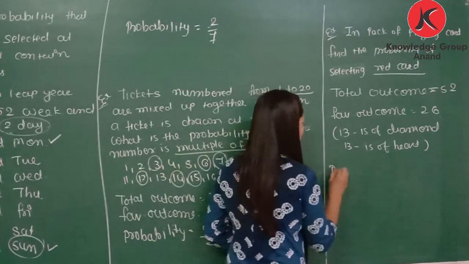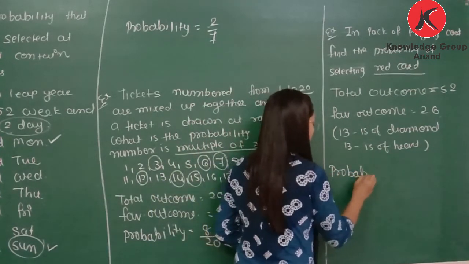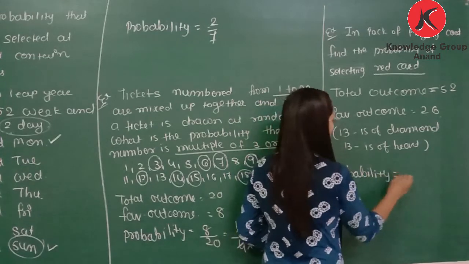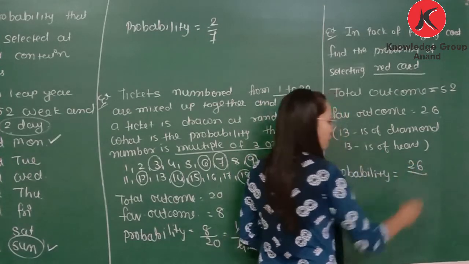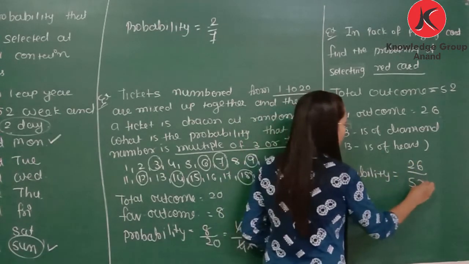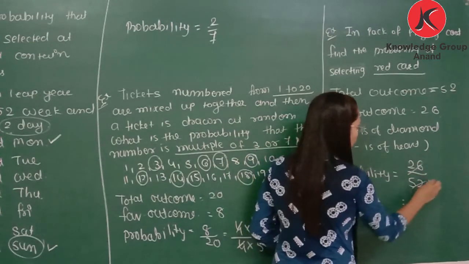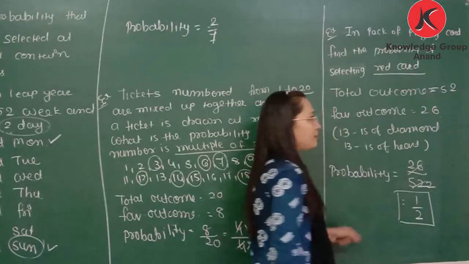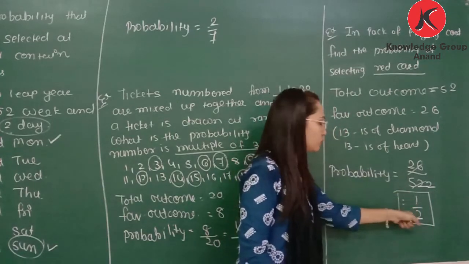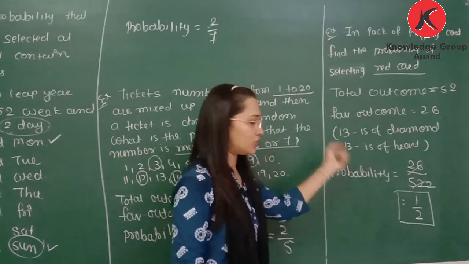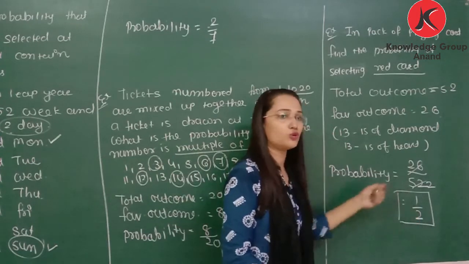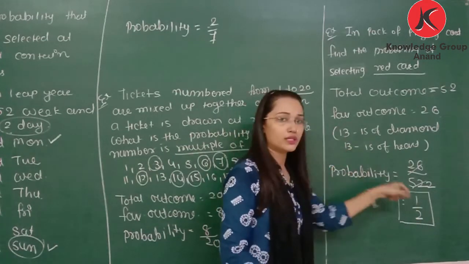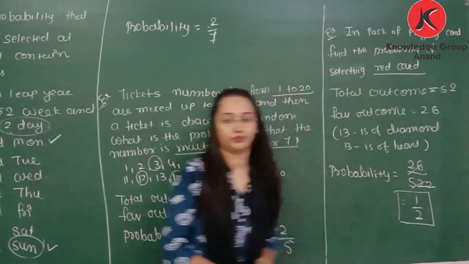So probability is 26, that is our favorable outcome, divided by 52. You can cut the common factor, so it is 1 by 2. So the probability of having a red color card is 1 by 2. If the question is about black color, then it is also 1 by 2, because there are 13 plus 13, 26 cards of black color.